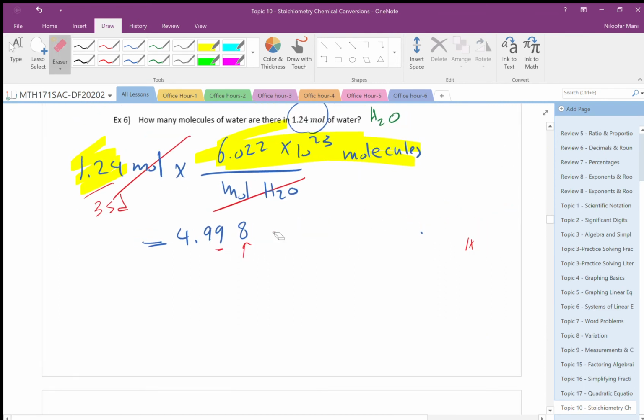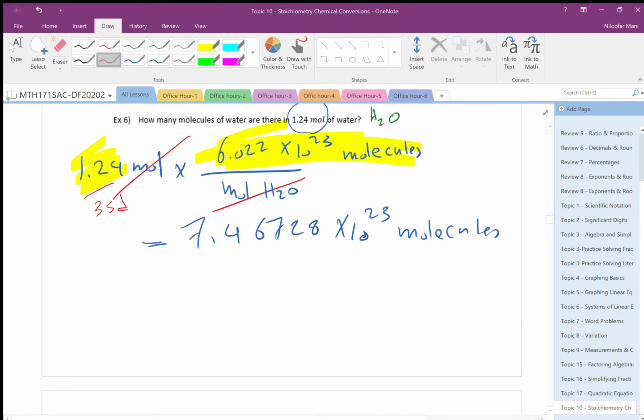So here it must be 1.24 multiplied by 6.022. Yes, so it is 7.46728 times 10 to the power 23 molecules.